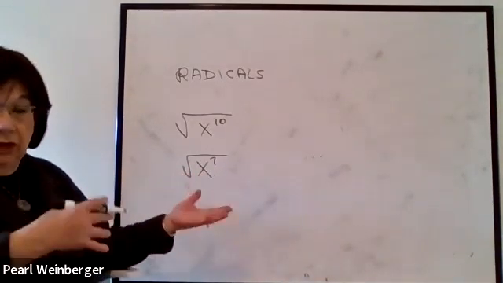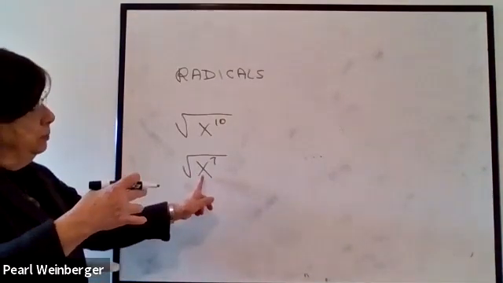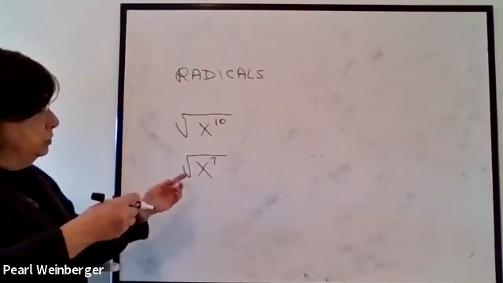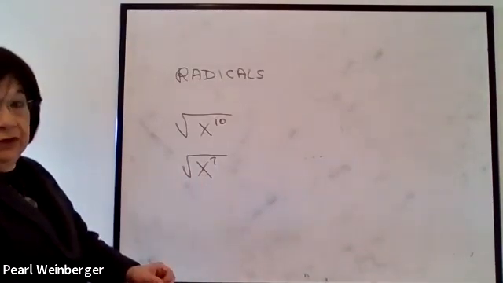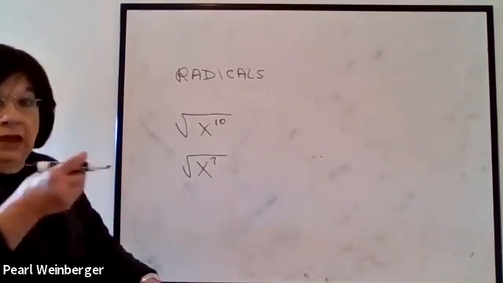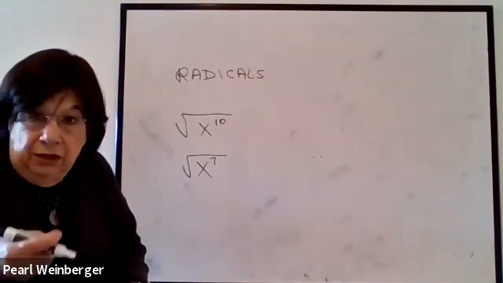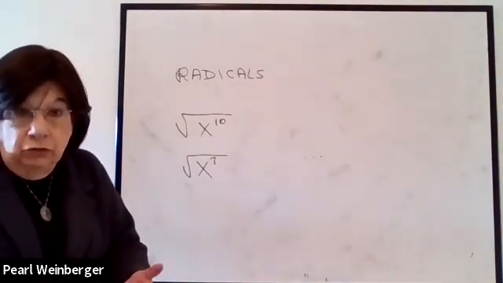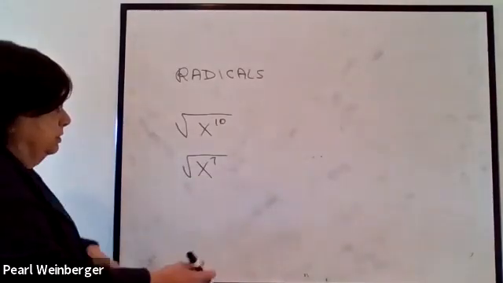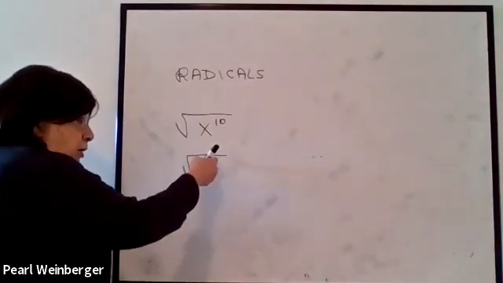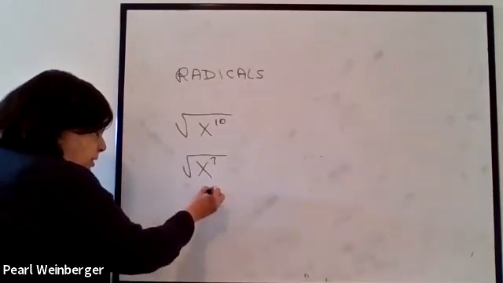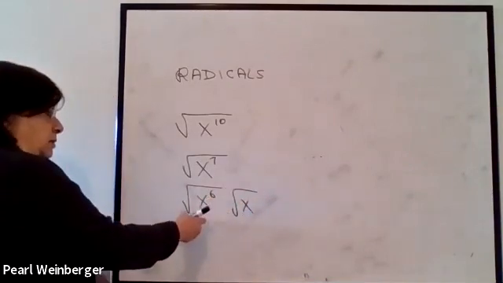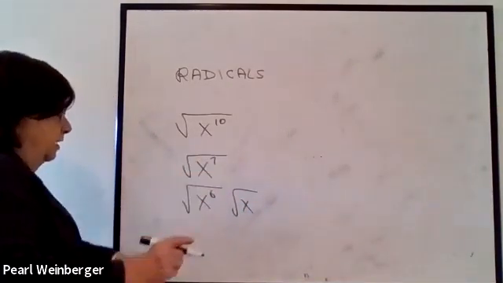So what we do with something like this is we break it up, just like we broke up the 50 into 25 and 2. We're going to break this up into two factors, where one of them is going to be a perfect square. And in order for a variable to be a perfect square, it needs to have an exponent that's even, because then I can divide it by 2. So I'm going to break this x to the 7th up by taking 1 away from that exponent, into x to the 6 and x. Certainly x to the 6 times x gives me x to the 7.